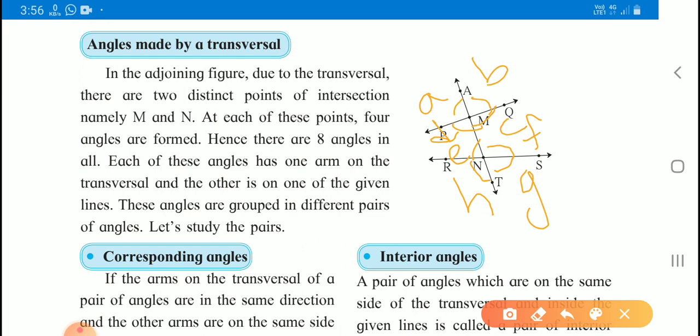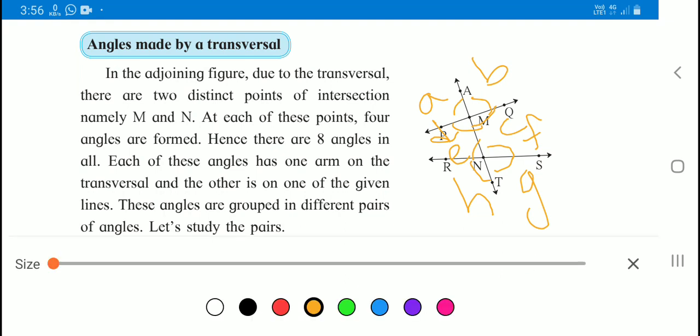First we will see the pairs of interior alternate angles. The pairs of interior alternate angles are D and F. Again one more pair remains here, that is C and E. Next to that there are the pairs of exterior alternate angles.